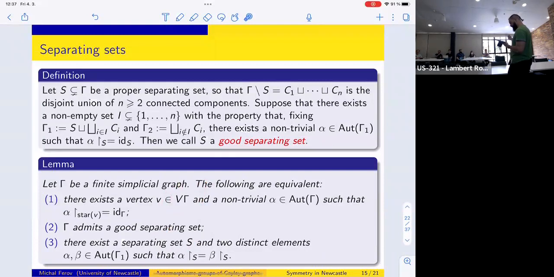So admitting a good separating set, admitting a vertex such that the stabilizer of its star is non-trivial, or admitting a separating set and two automorphisms that move things around and agree on the separating set, or that move around one half of the graph and fix the separating set.